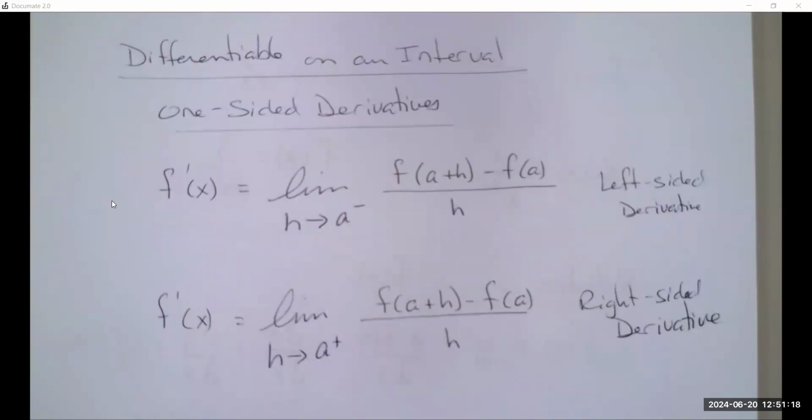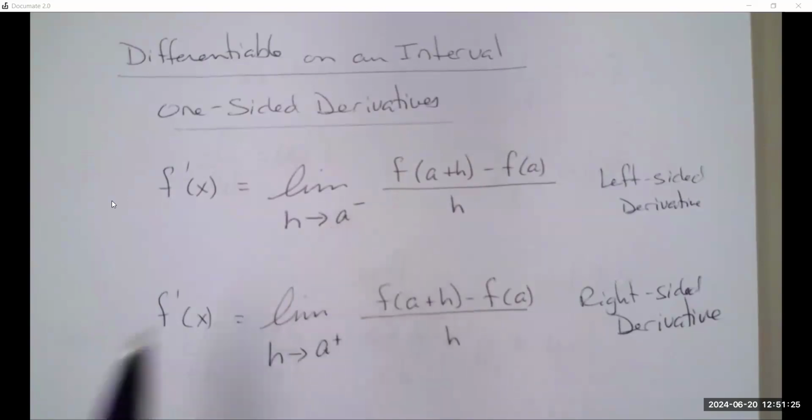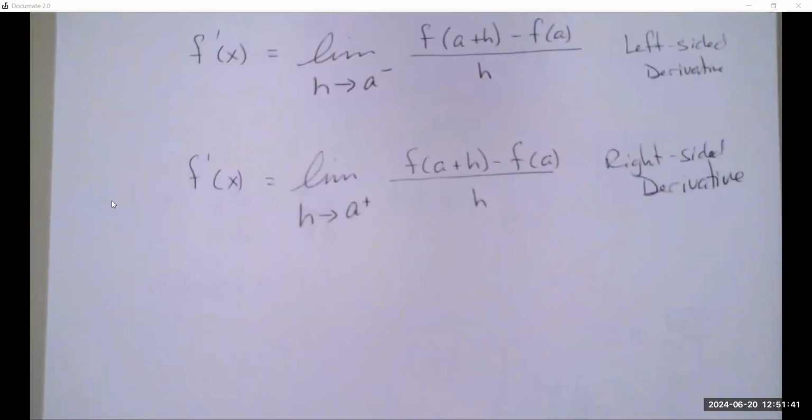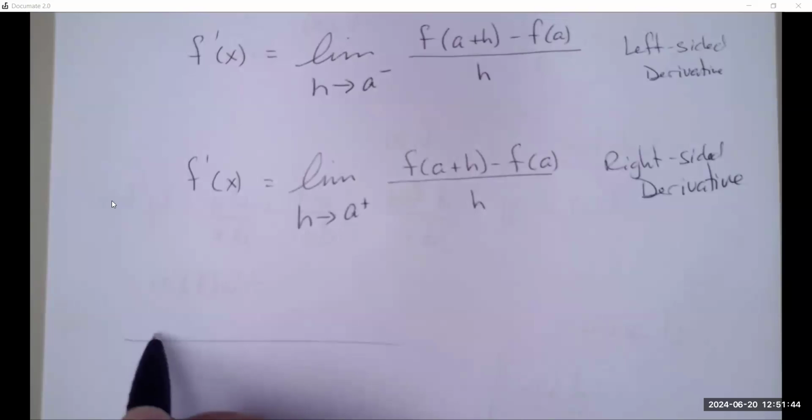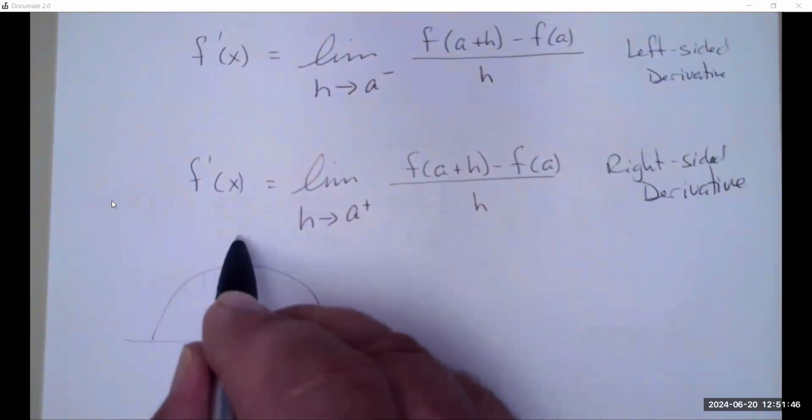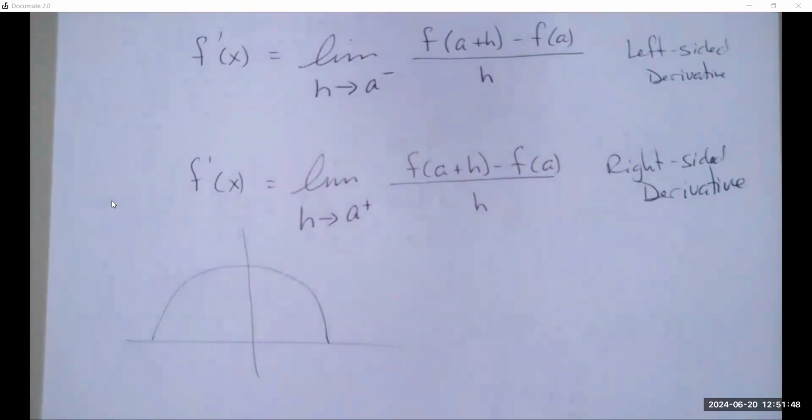Which we've done examples like this already. When have we ever taken the limits specifically on one side? We're not talking about continuity just yet. So when would you need to take a derivative or the limit from one side? Does that example remind you of anything?